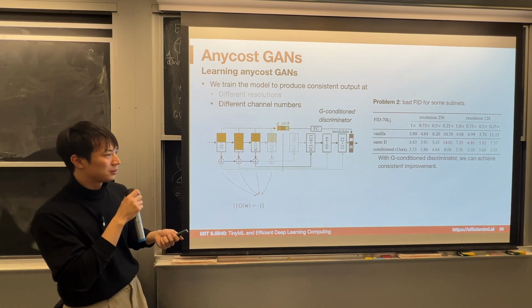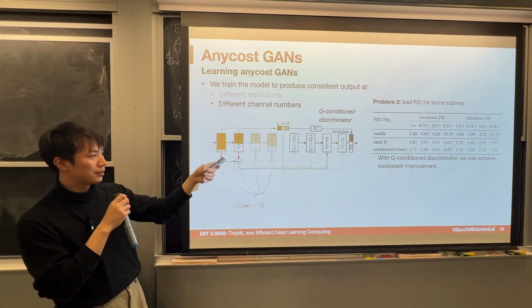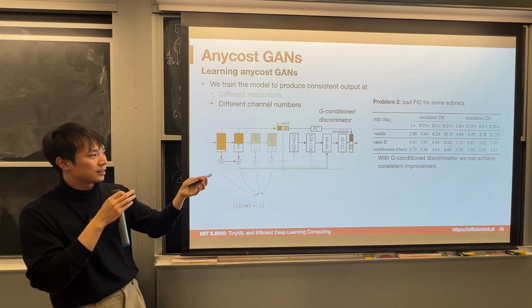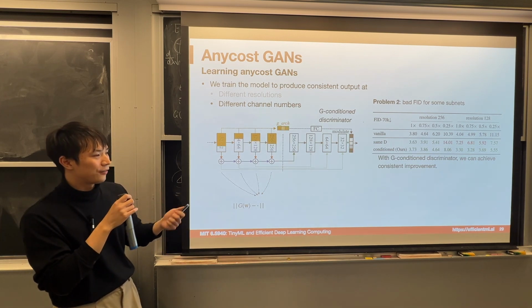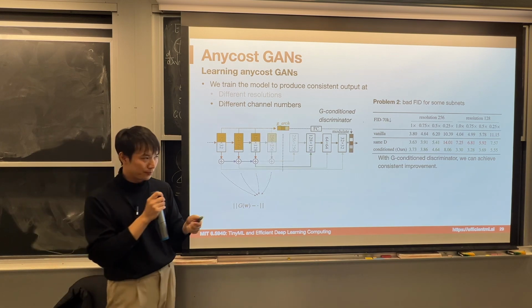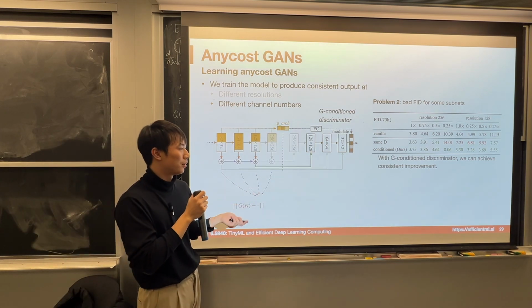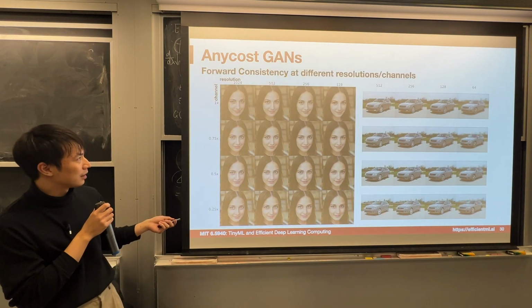This simple modification also makes the FIDs consistently better compared to the vanilla model trained at the reduced channel capacities. So effectively, we are already providing a very good method for model compression because it's better compared to a smaller model trained from scratch.